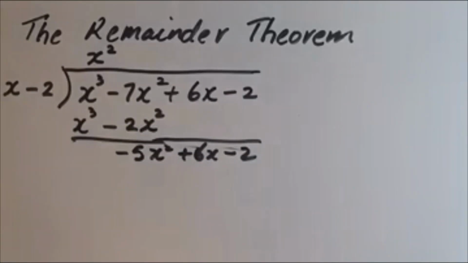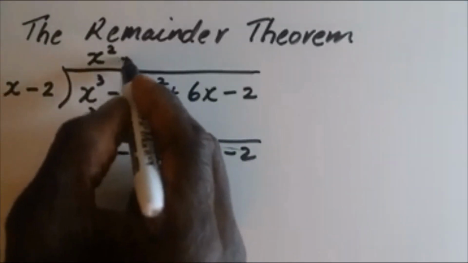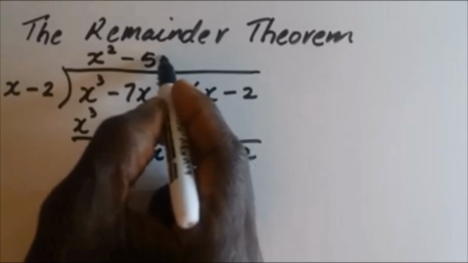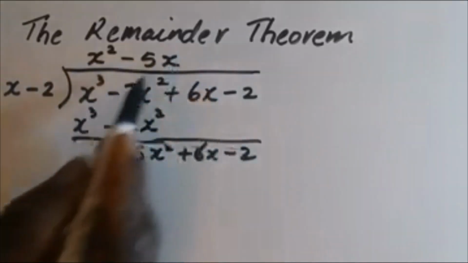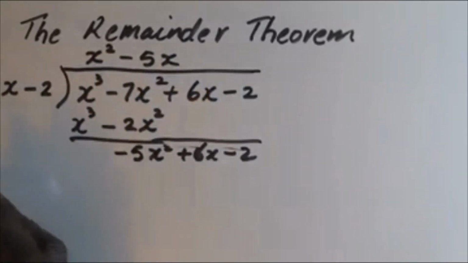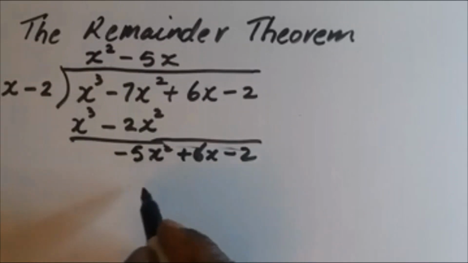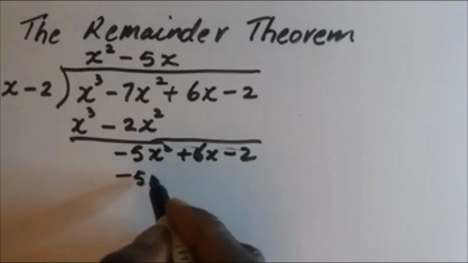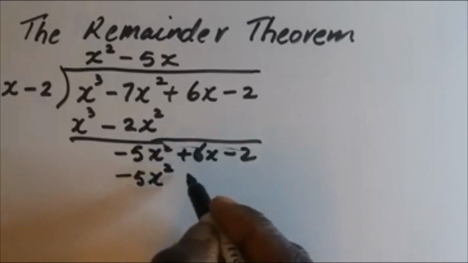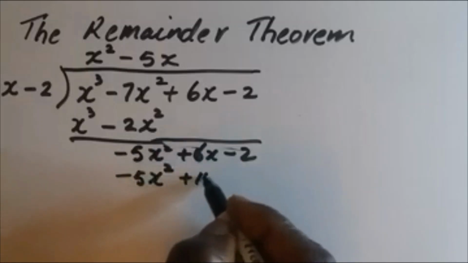Next, we want to get 5x squared, so if we have minus 5x, that will give us the minus 5x squared, which is this part, and then we'll see what remains. So we have minus 5x squared add 10x.